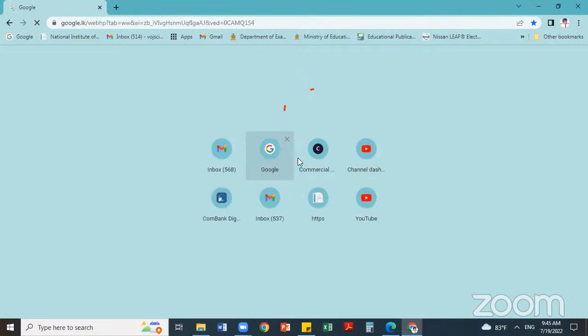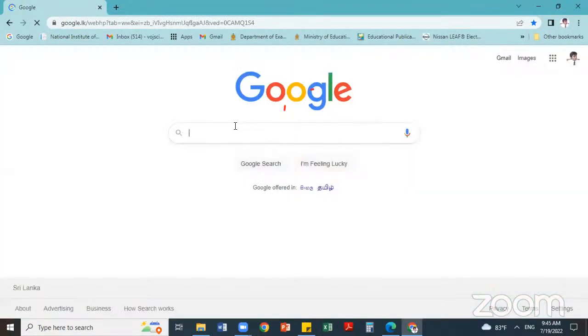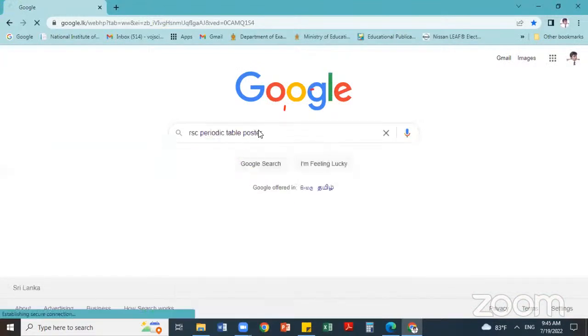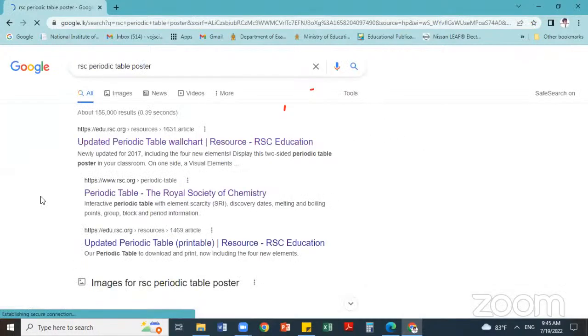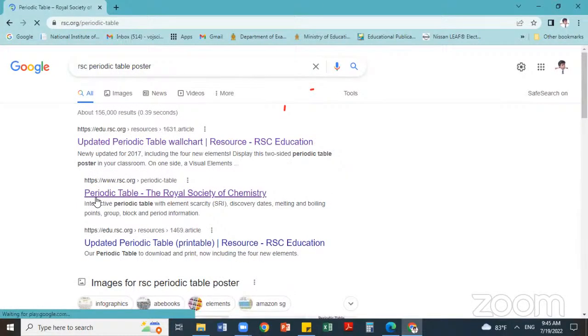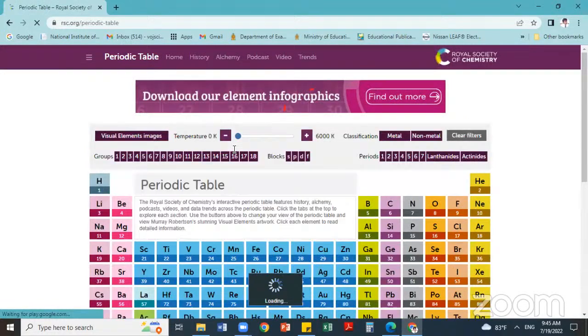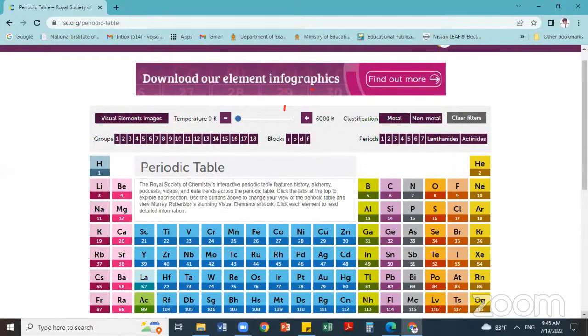You can see the screen, right? So we call it the Royal Society of Chemistry periodic table, RSC dot org.